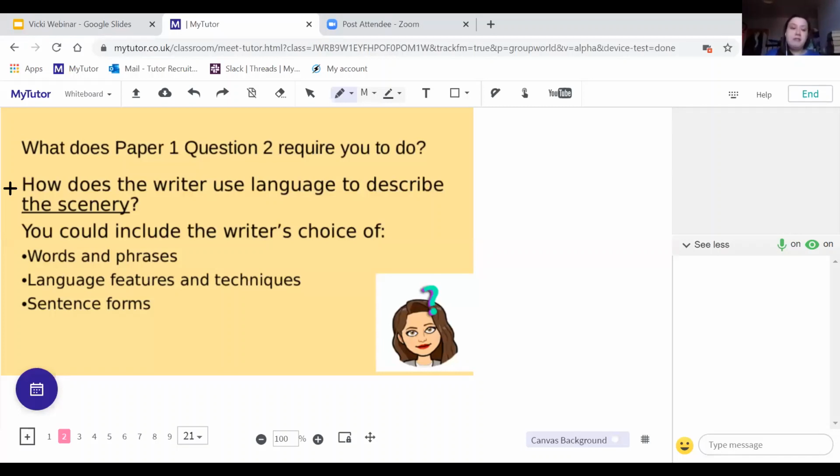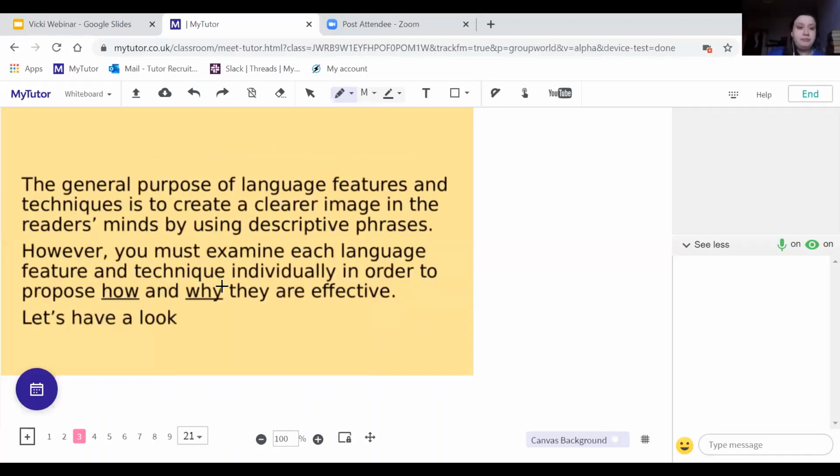We always get the same three bullet points as I mentioned last time: words and phrases, language features and techniques, and sentence forms. The easier two and the more obvious two for you to be doing will be the words and phrases and language features and techniques, and throughout the week I'm going to be showing you how we can combine those two together to create a higher level answer, a more in-depth analysis.